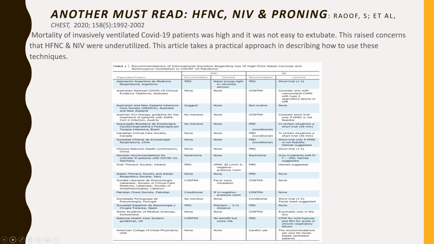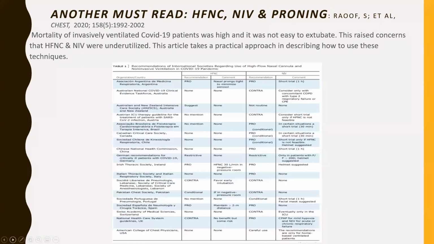And the significance of this article is they really looked at each one. So in Argentina, the very top one, the Asociación Argentina de Medicina Respiratoria, they're pro high flow nasal cannula, and they're pro non-invasive, okay? Just to be clear on that.